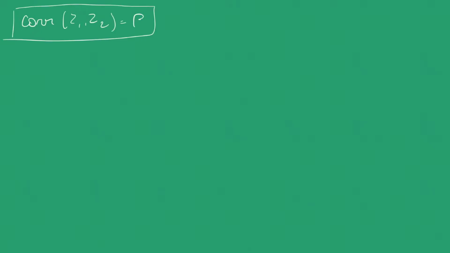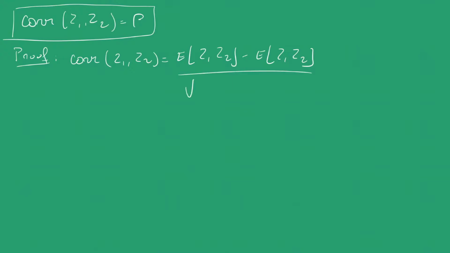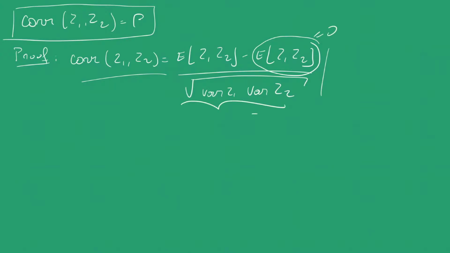Let's first prove that the correlation between z1 and z2 is exactly rho. By definition, the correlation of z1, z2 is given by this expression. Of course, z1 and z2 both are normally distributed with mean 0, variance 1, which means that this is equal to 0 and this here is equal to 1.